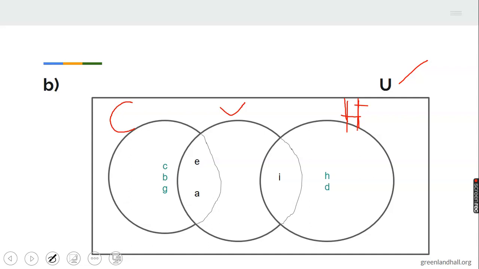V, I is in H. You can see this is the set H, the vowels A, E, and I. E is common to both the vowels and cabbage. I is common to the vowels and heed. Very important. So that's the Venn diagram. This has 3 subsets.